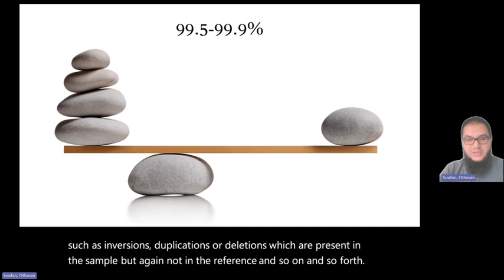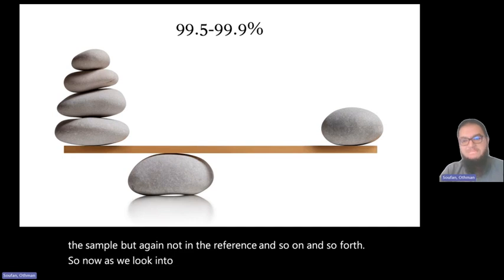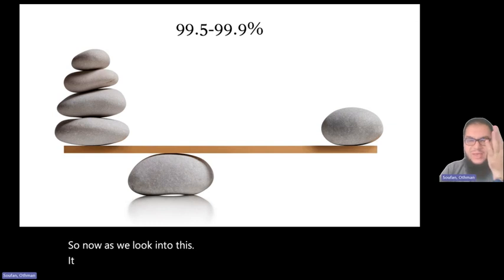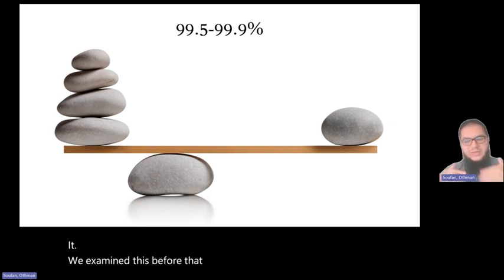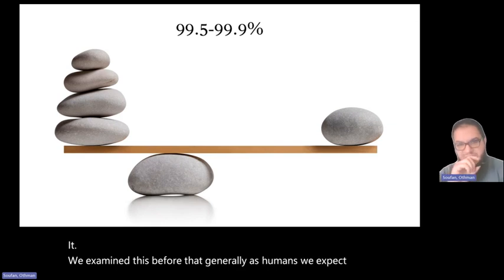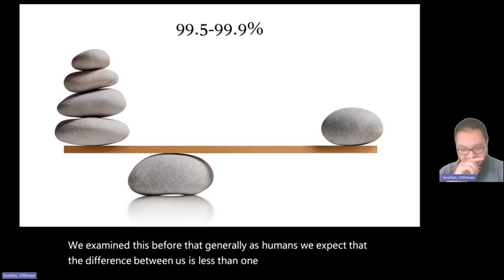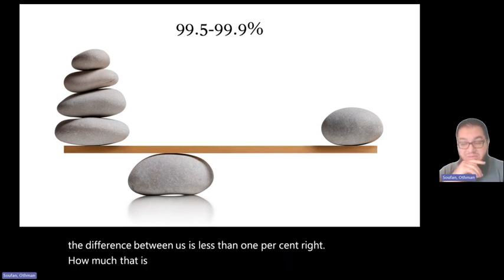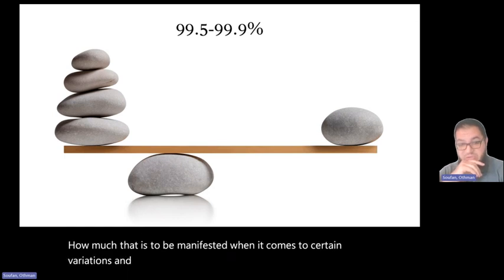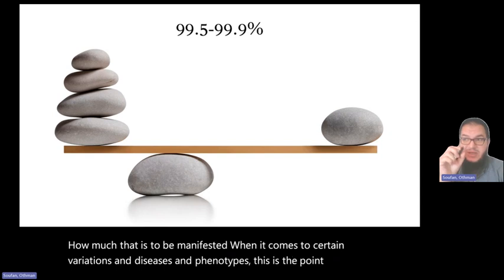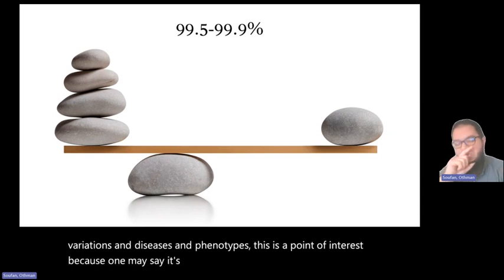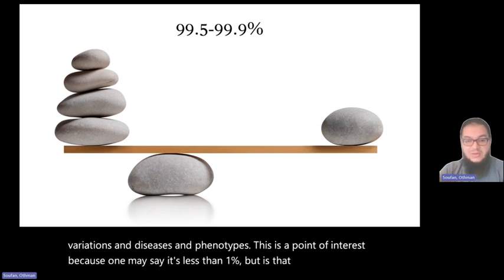So now, as we look into this, we examined before that generally as humans, we expect that the difference between us is less than 1%. How much that manifests in certain variations, diseases and phenotypes is a point of interest, because one may say it's less than 1%, but whether that is significant or not is something we need to keep an eye on.